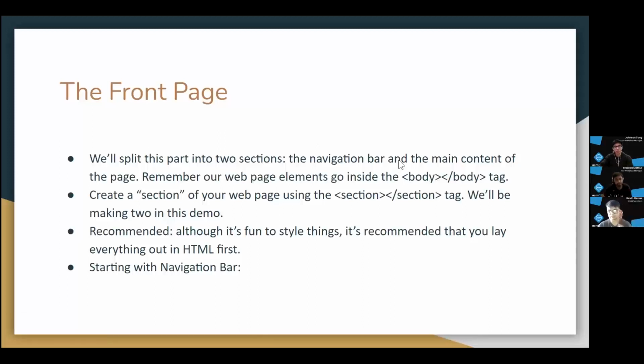We'll be making two sections in this demo, one for the front page and one for the contact page. Although it's fun to do styling on our elements, it's recommended that you lay everything out with HTML and then style it after. So we're going to start off with the navigation bar.